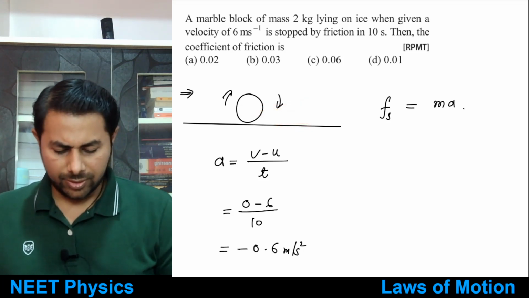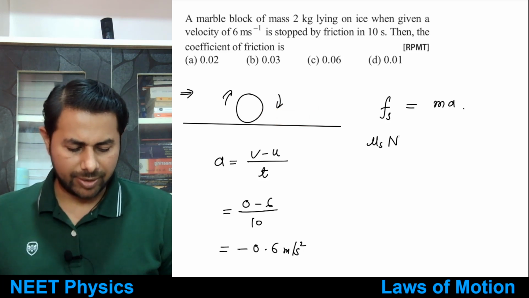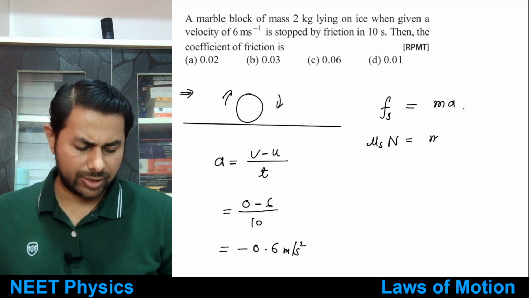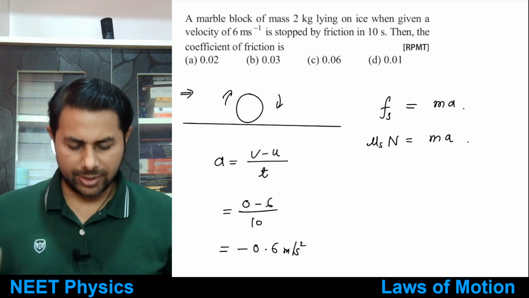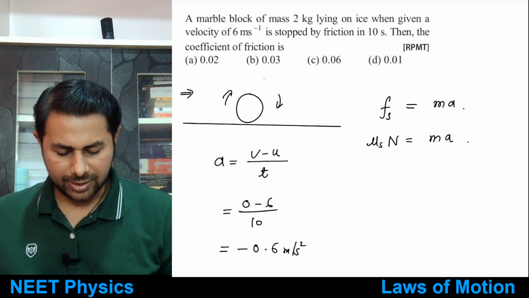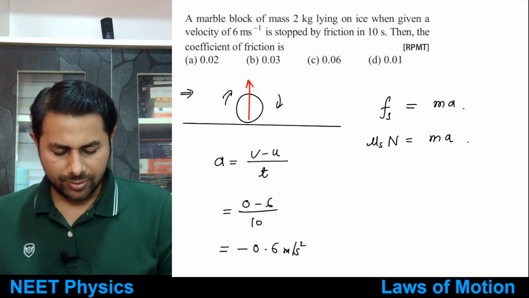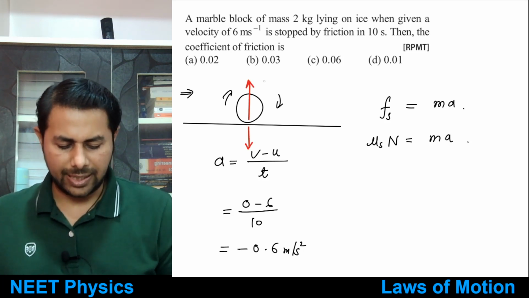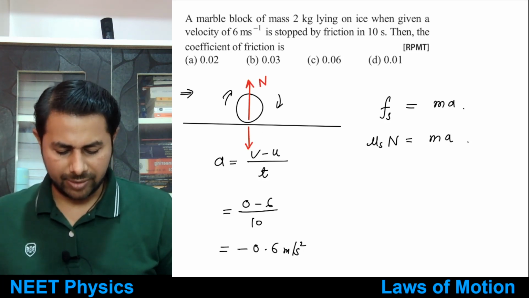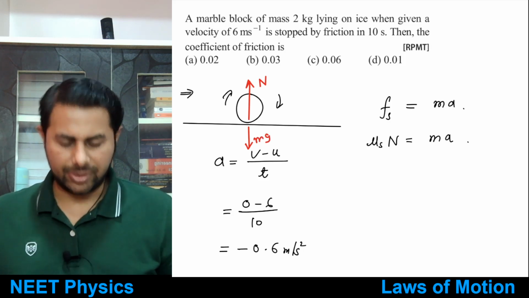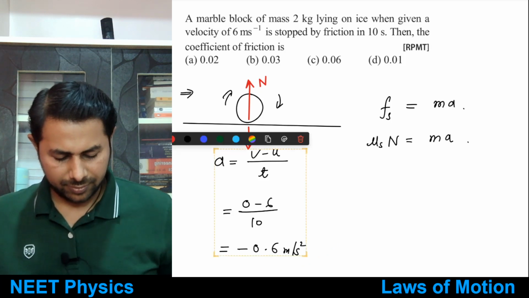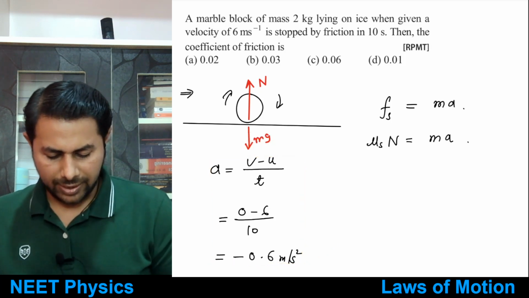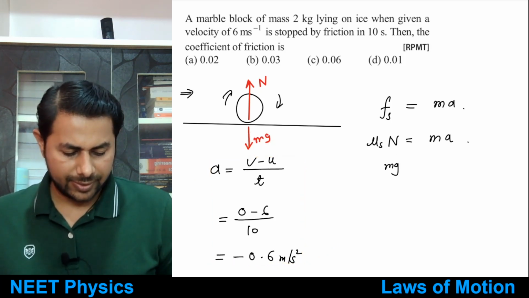So this is equal to mu s multiplied by normal reaction, that's equal to mass times A. Because it is moving on a horizontal floor and inclination is not given, N must be equal to mg, right? So put N equal to mg.